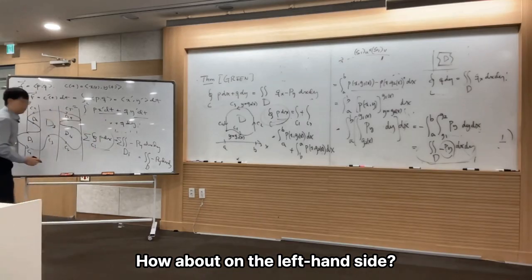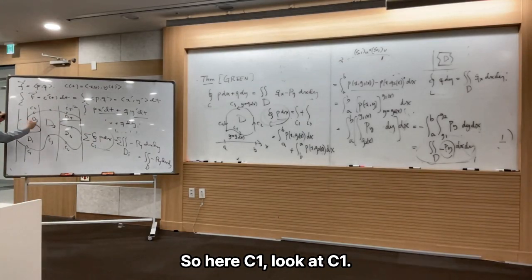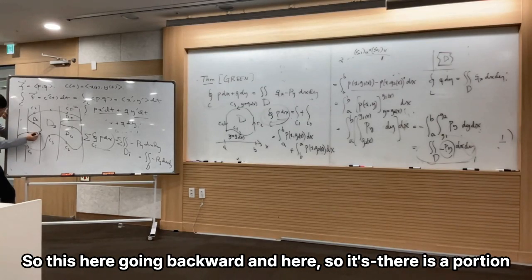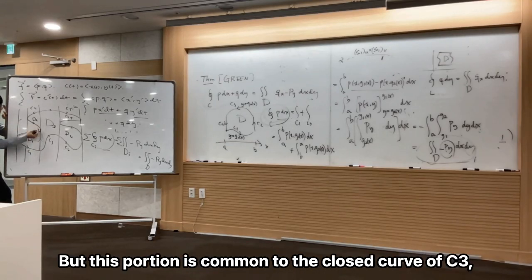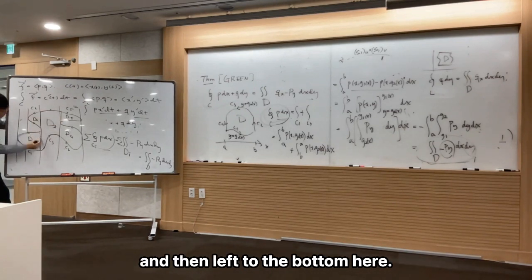How about on the left-hand side? Now, there's something you have to be careful about. Look at C1. C1 is the closed curve surrounding D1. So this here is going backward, and there is a portion that's going upward here. But this portion is common to the closed curve of C3. C3 is going this way, all the way up, and then left to the bottom here.